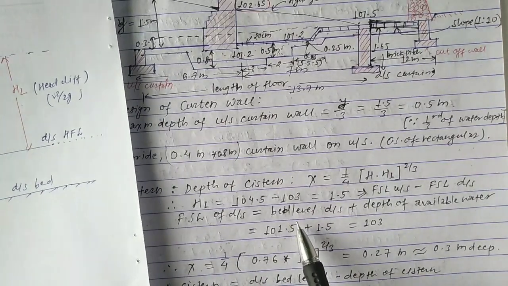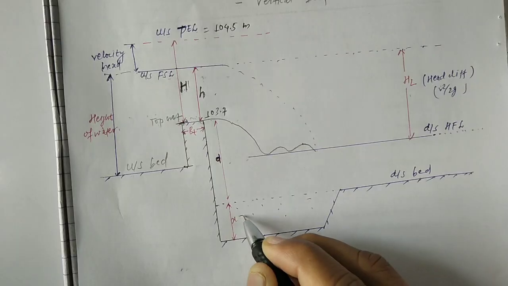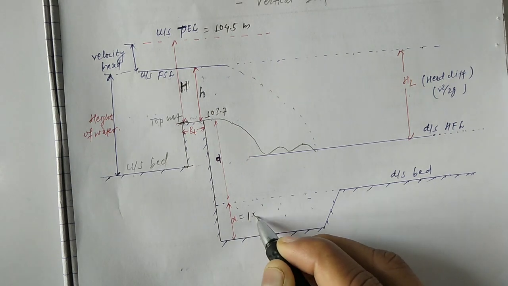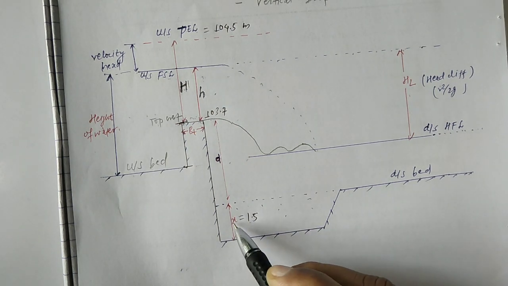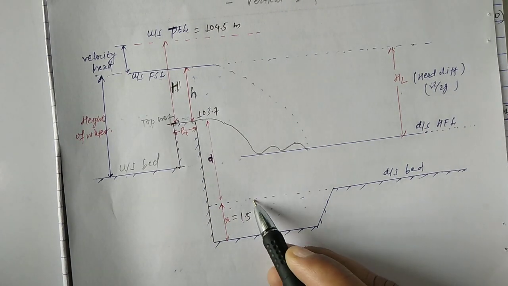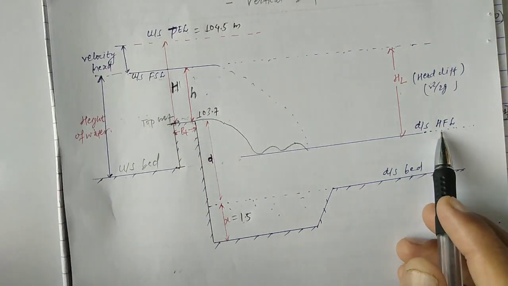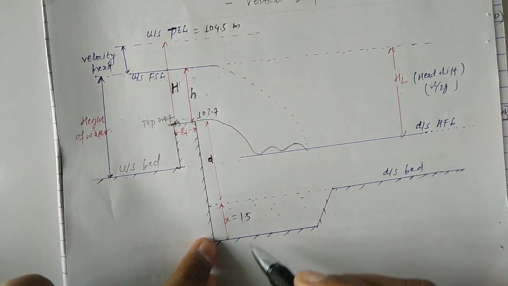So we have upstream of the depth of water, that is value of x equal to 1.5. After adding this value, this is the depth of water, and this is downstream of full supply level.